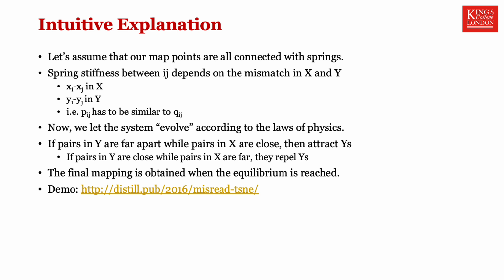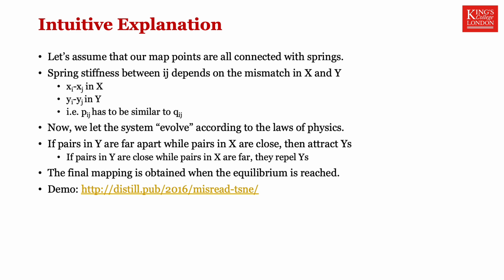An intuitive explanation of t-SNE is to assume that points are connected by springs. What this means is, if you have a specific data point in the input data space, which sits in a specific dimensional space, let's say a three-dimensional space, and you have several of these points, imagine that these points are connected by actual, physical springs.